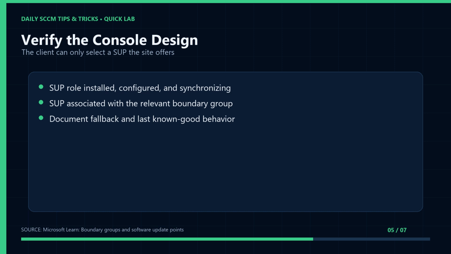Current Configuration Manager uses boundary groups to let new clients find software update points and to control fallback. Existing clients normally keep their last known good software update point until failure and fallback conditions apply. Do not force mass switching before checking capacity and design.